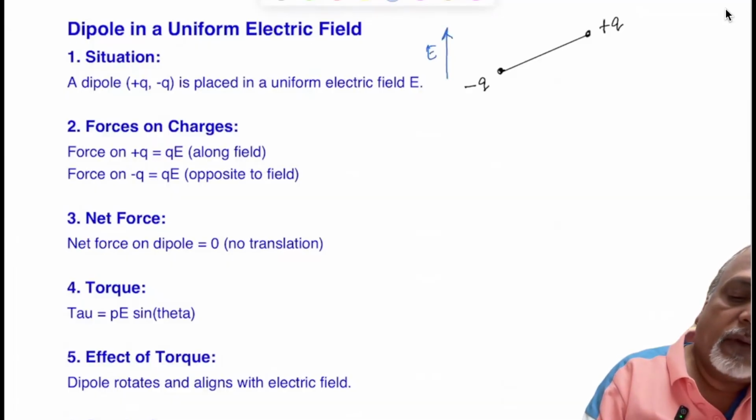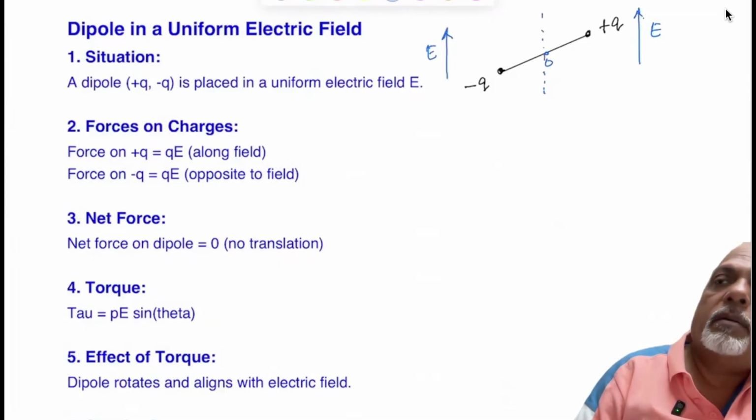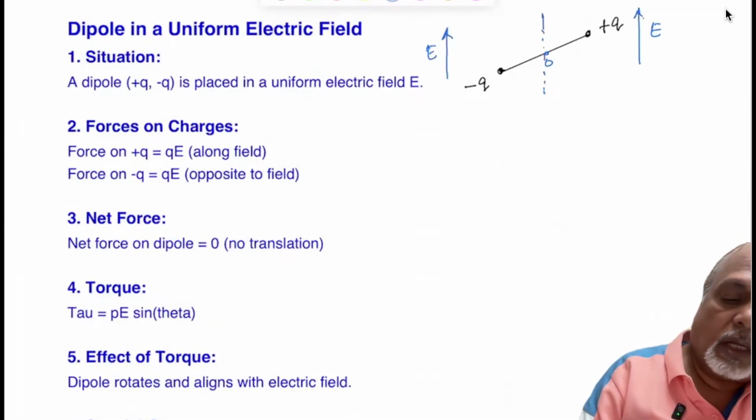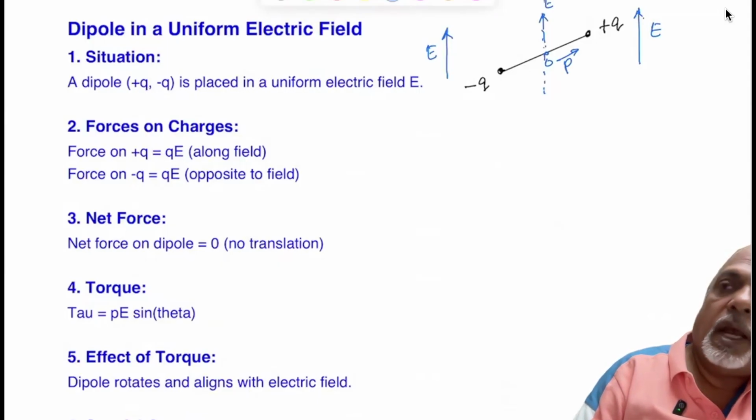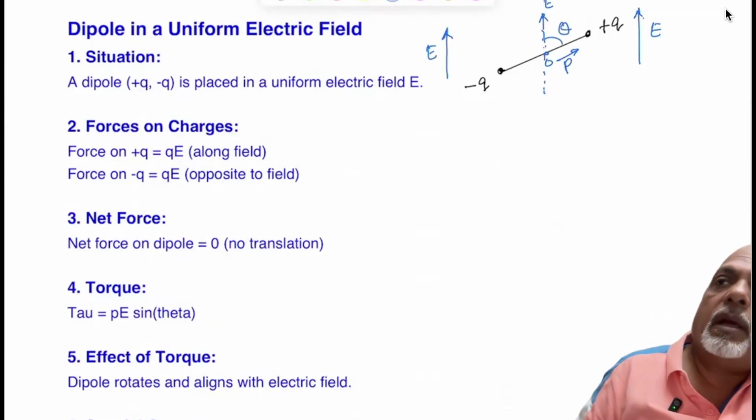This is the external electric field. Your dipole is placed in an external electric field. Suppose this is the center point, and this is the vertical line. Correct. So this is the direction of the electric field, and this is the direction of the dipole moment. Suppose they have an angle of theta.